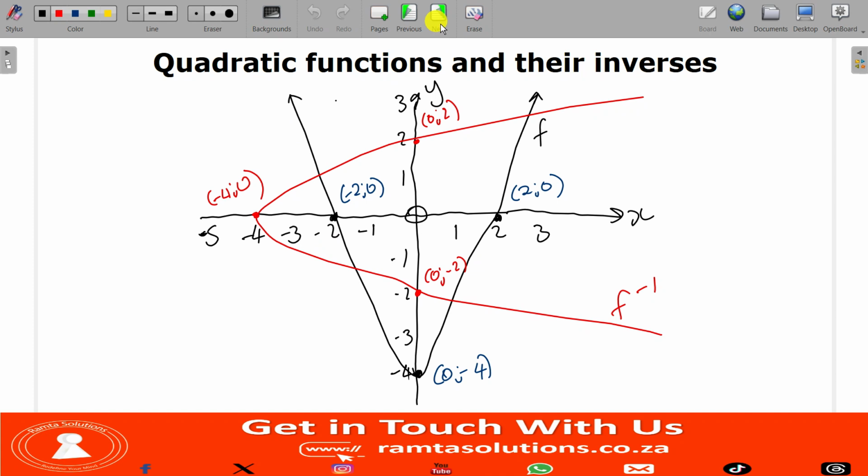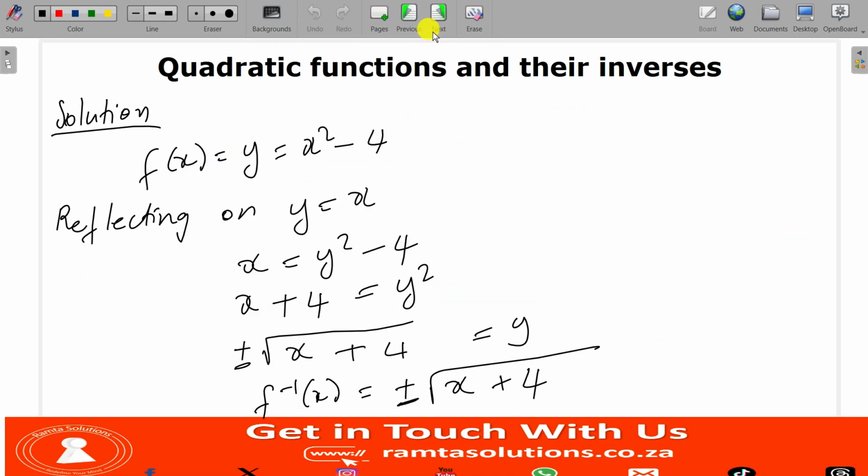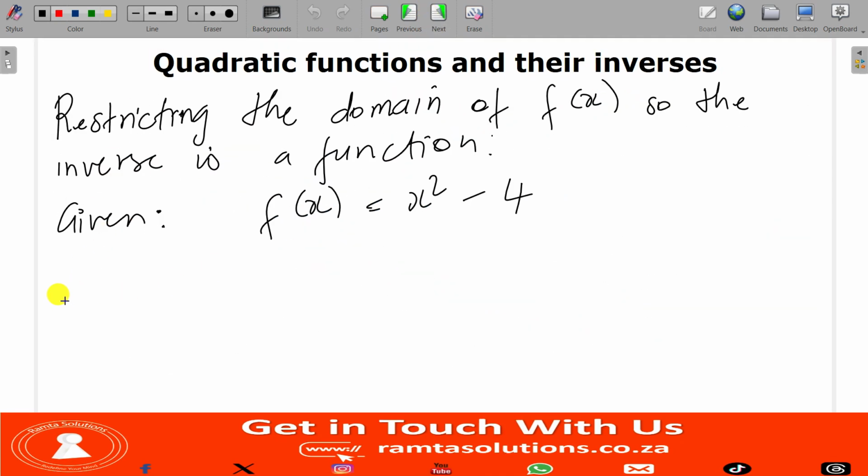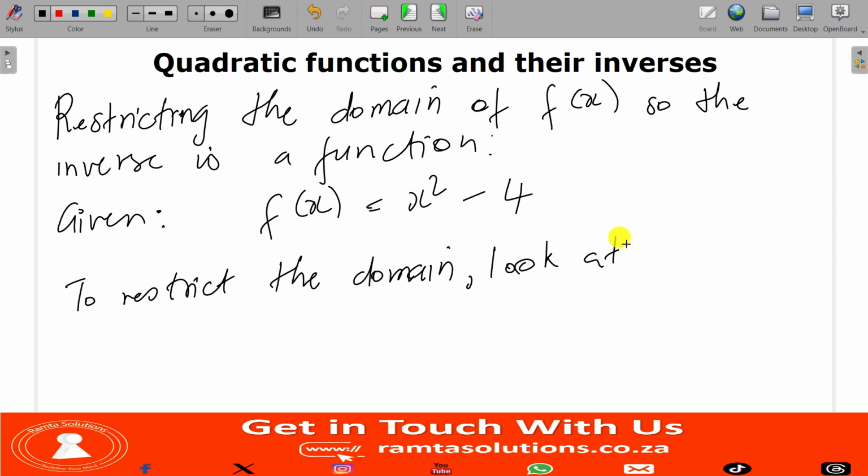Now, to restrict the domain, we have to look at the axis of symmetry. Okay, so we're going to take one half of the axis of symmetry.